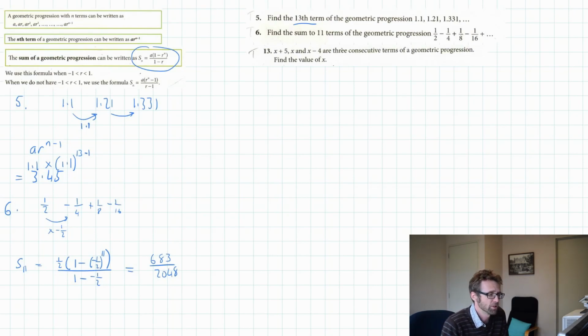Now my last one, this is a little bit more tricky. We're using a bit of algebra here. So we've got x plus 5, x and x minus 4 are 3 consecutive terms of a geometric progression. Find the value of x.